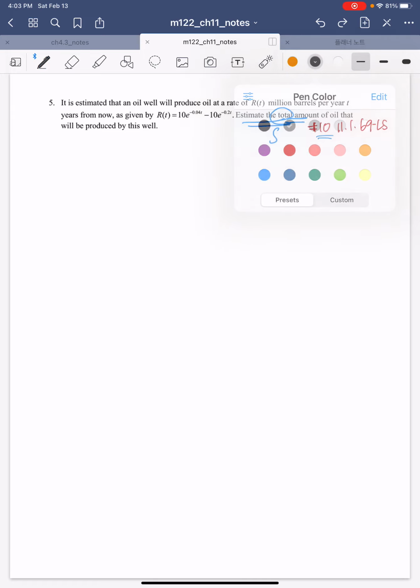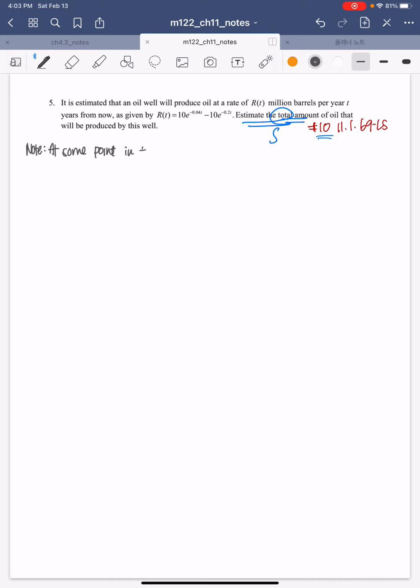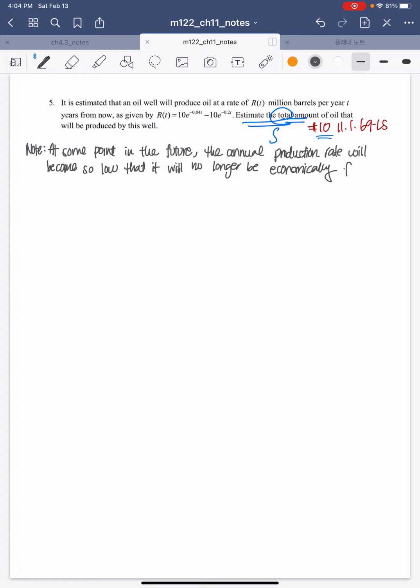Note, at some point in the future, the annual production rate will become so low that it will no longer be economically feasible to operate the well.